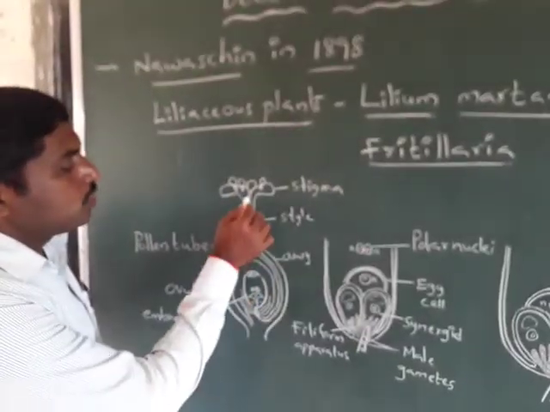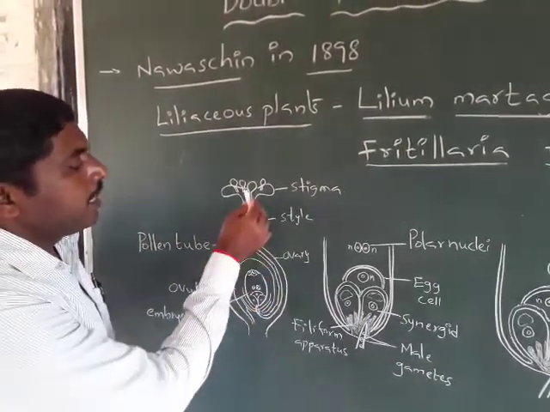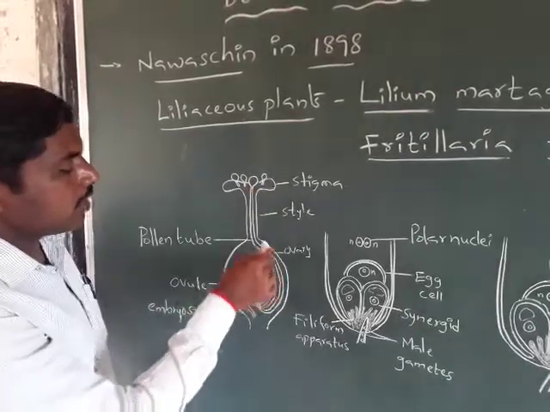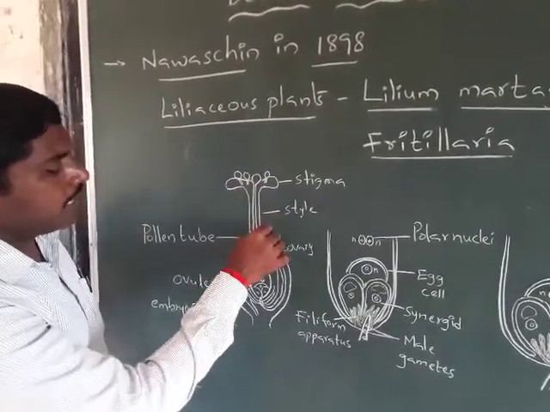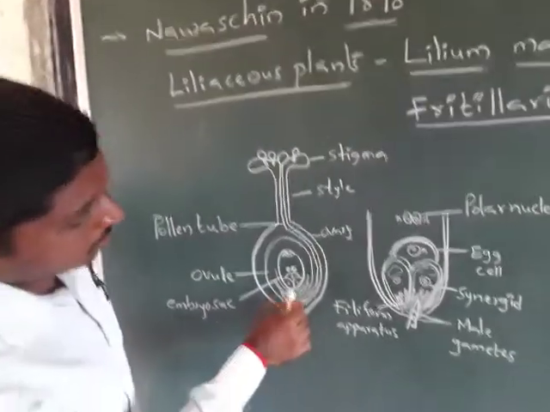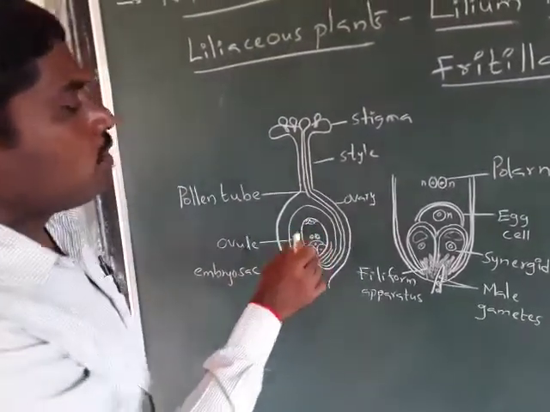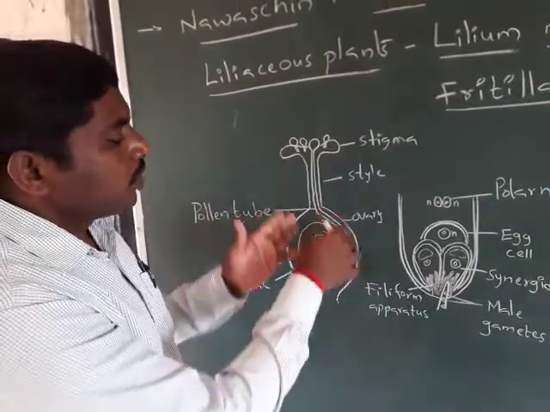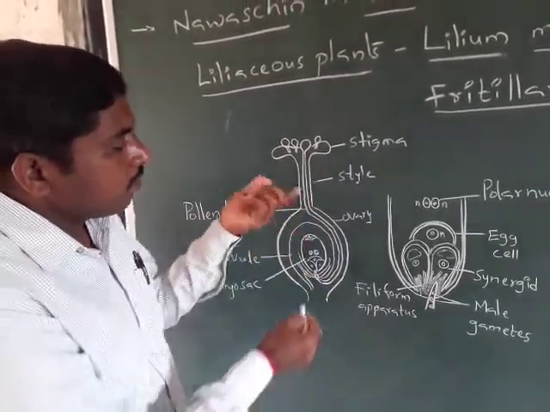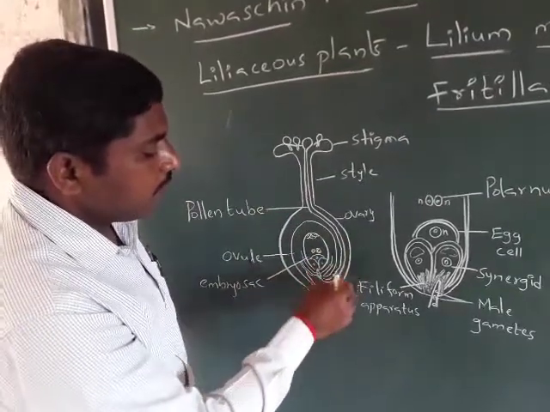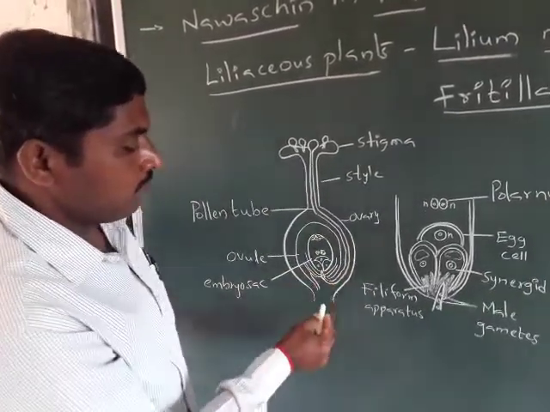This is the pollen tube, which enters into the stigma, style, and ovule. The pollen tube goes to the ovule through the style and ovary. Finally it reaches the ovule.